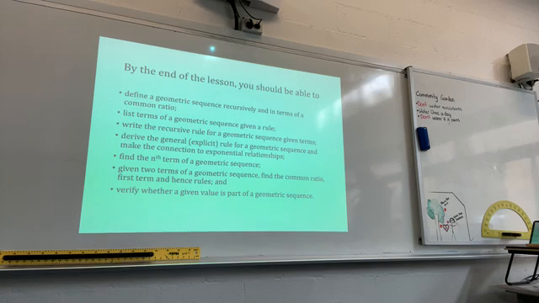You should be able to define a geometric sequence recursively and in terms of a common ratio. Given a rule, you should be able to write the recursive rule for a geometric sequence given the terms. You should be able to derive the general or explicit rule for a geometric sequence and make the connection to exponential relationships.